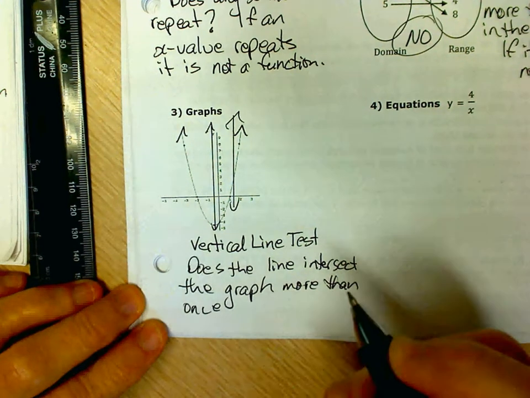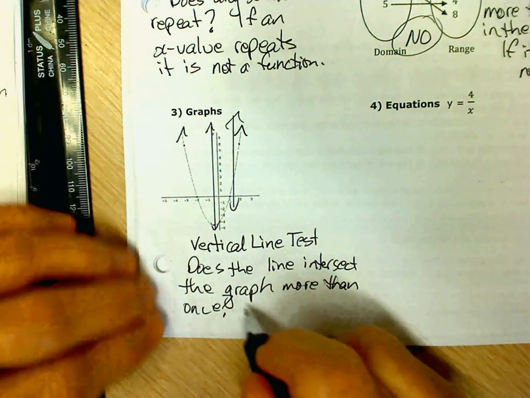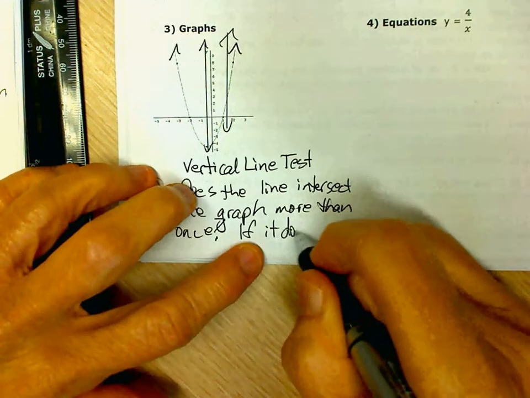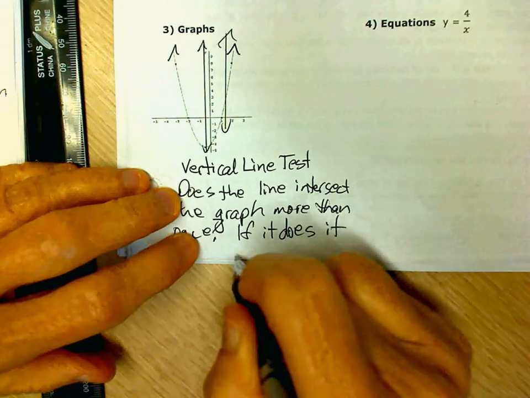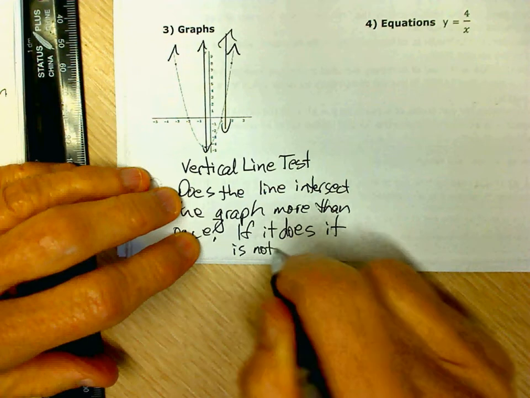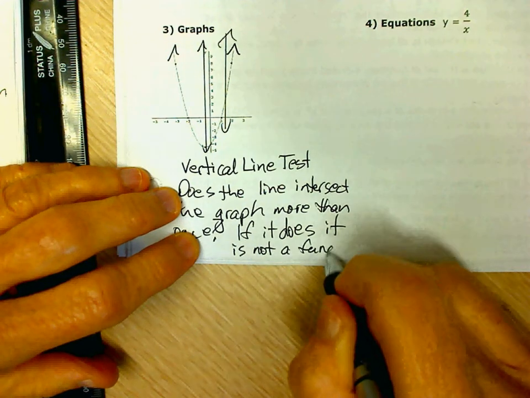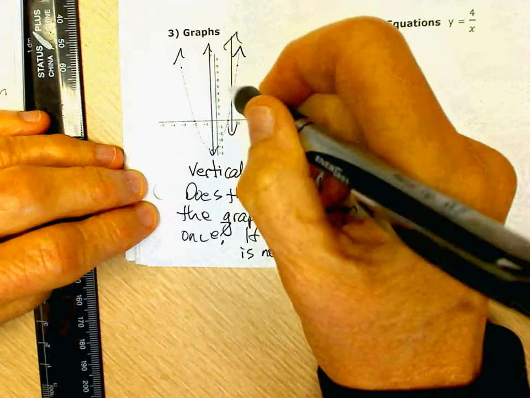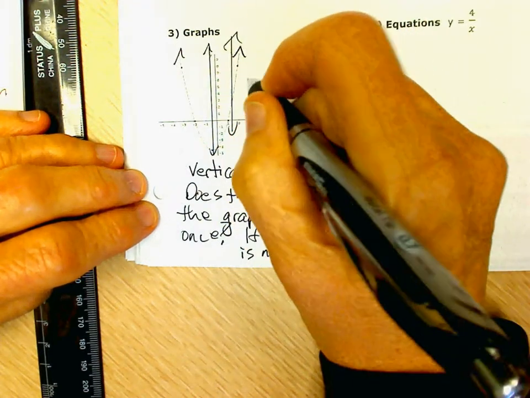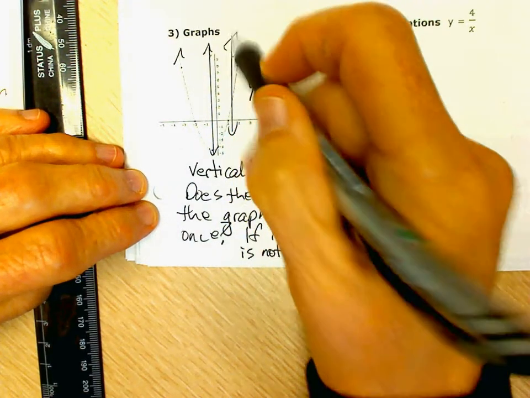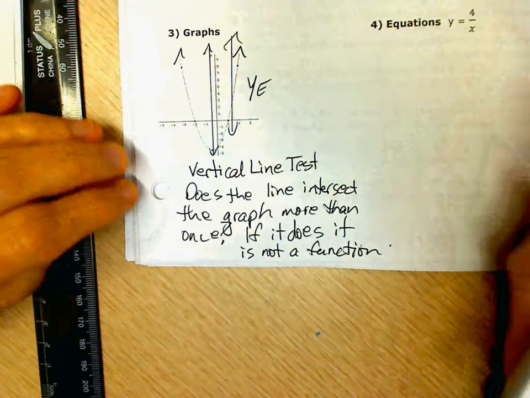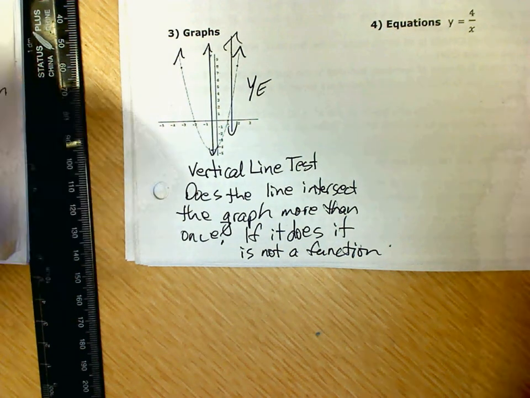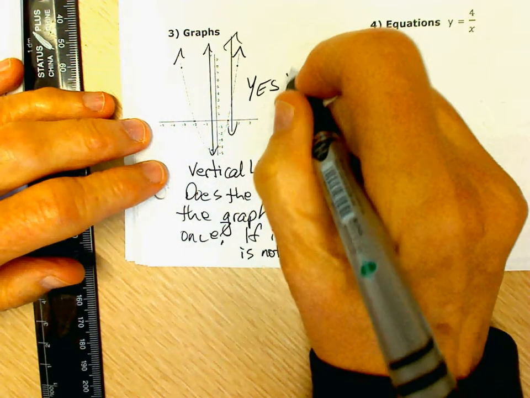If it does, it is not a function. Okay, so in this case, yes, it is a function because every time we draw a vertical line, we only hit it once. So therefore, it is a function.